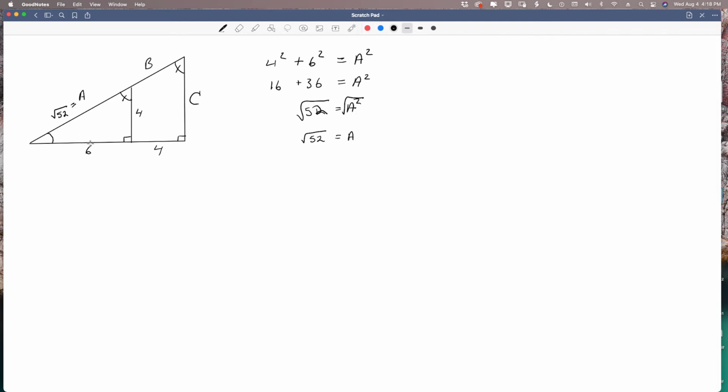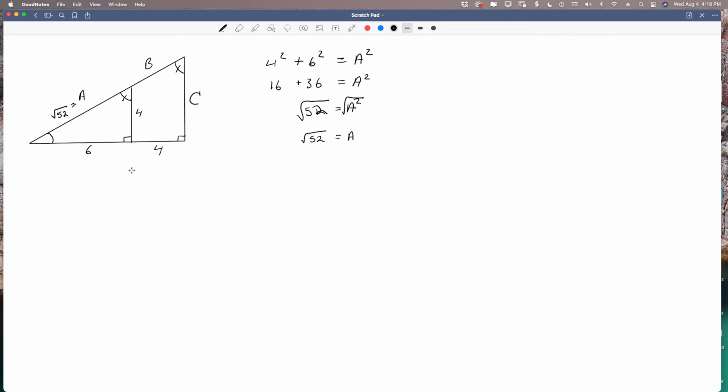Awesome. All right, so now we have a dimension for all three sides. It might not be pretty, and it might not be a number that we like, but it is still an accurate number. It is the exact value in the format that it is in. So we're going to use it that way.